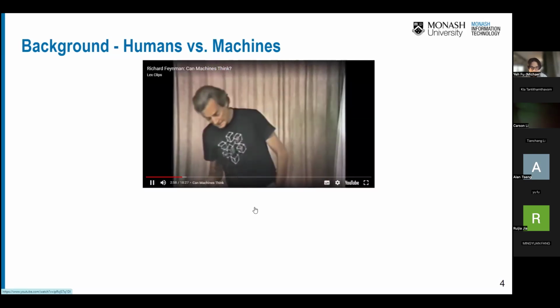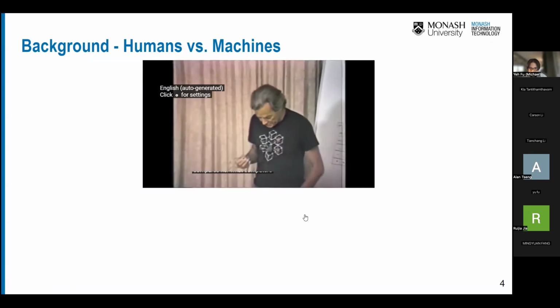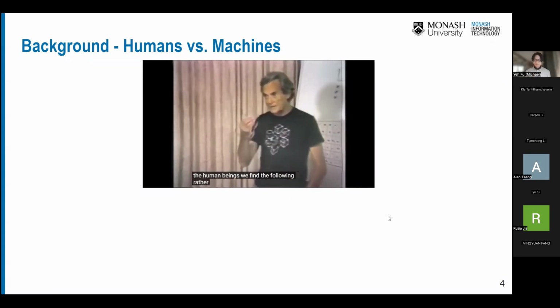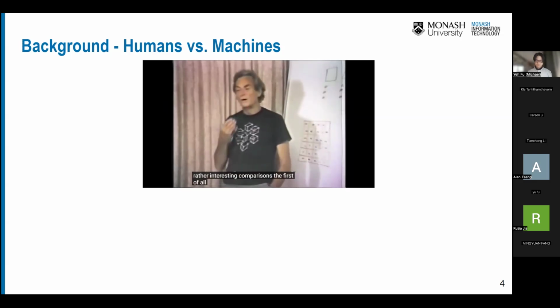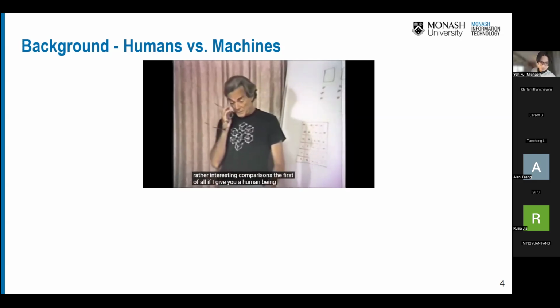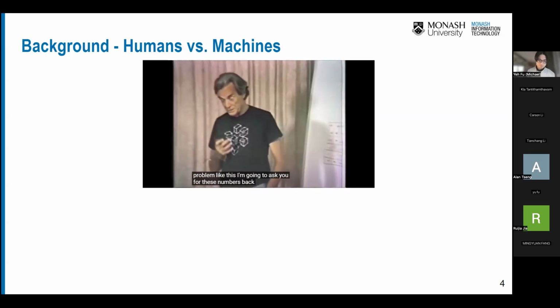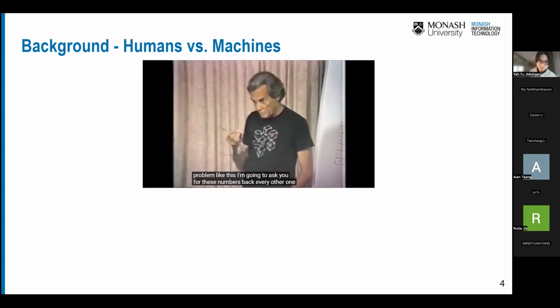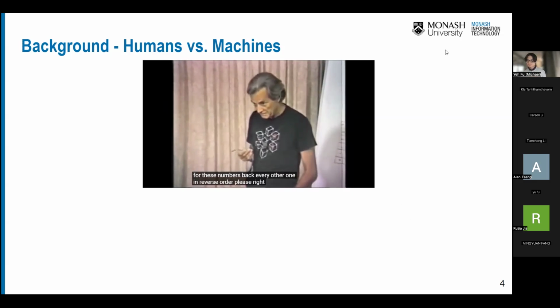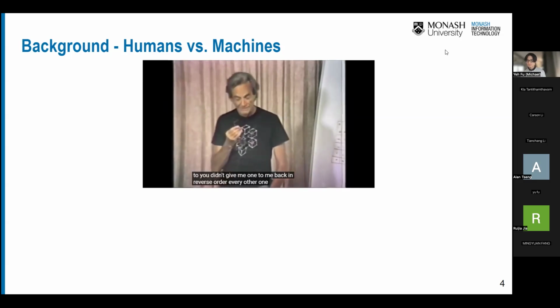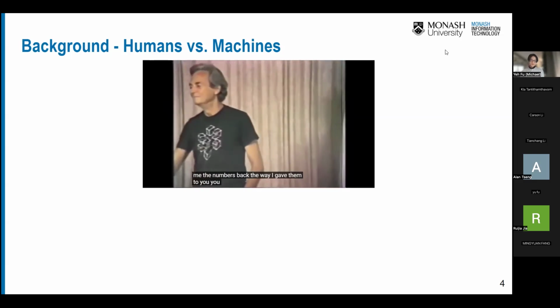Well, these guys are fast. If one compares what computers can do to human beings, we find the following rather interesting comparisons. First of all, if I give a human being a problem like this, I'm going to ask you for these numbers back, every other one in reverse order, please. Right? Now, I'm going to give a series of numbers, and I want you to give them to me back in reverse order, every other one. I'll make it easy for you. Just give me the numbers back the way I gave them to you.